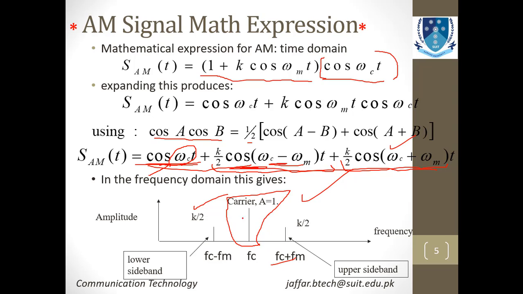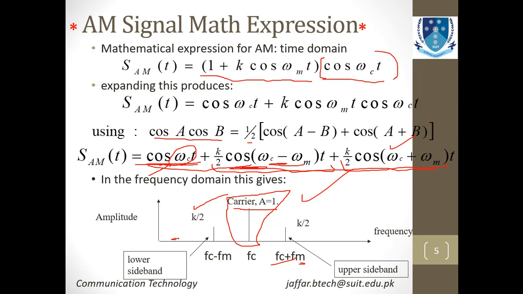So there are three terms providing you three different kinds of outputs. But you can see that this is basically our carrier. When a is equal to 1, this will be the carrier signal, and this is the upper side band, and these are the lower side band.